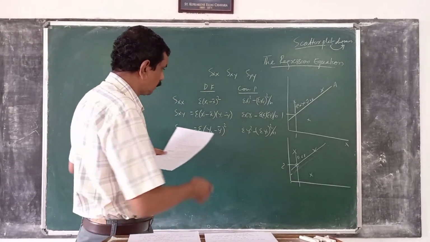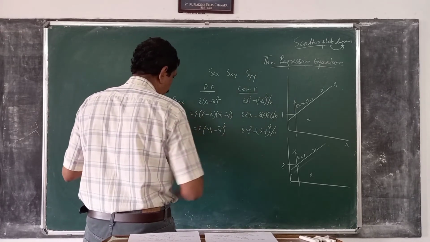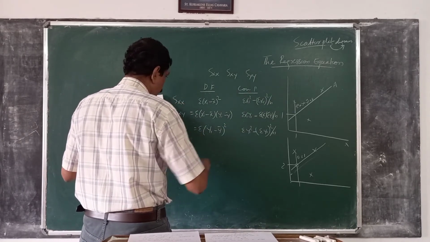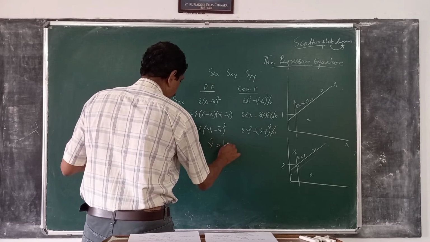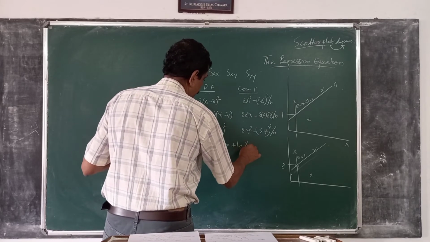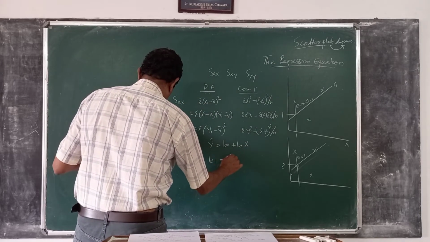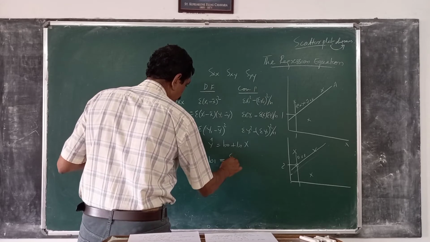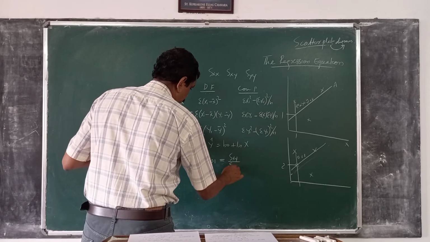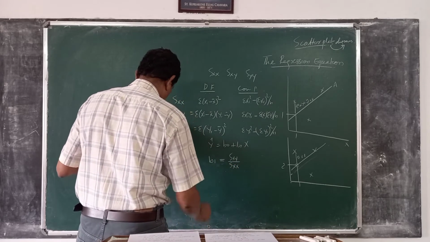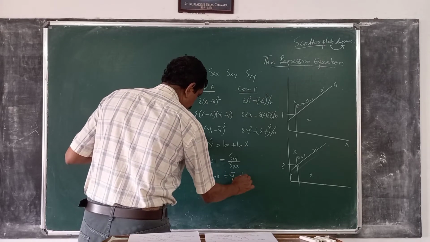And given these definitions, we can define the regression equation for n sample points as y hat is equal to b0 plus b1x, where b1 is equal to Sxy by Sxx, and b0 is equal to y bar minus b1 x bar.